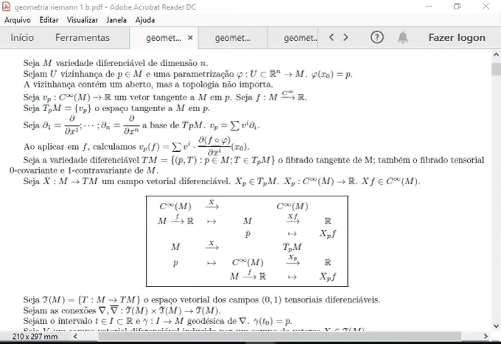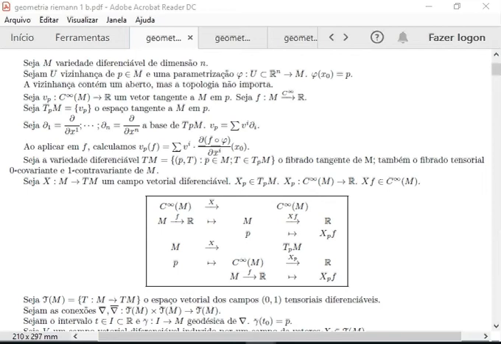What is a tangent vector? It's a function from C^∞ of M to R. F is a function from M to R, which is in C^∞.